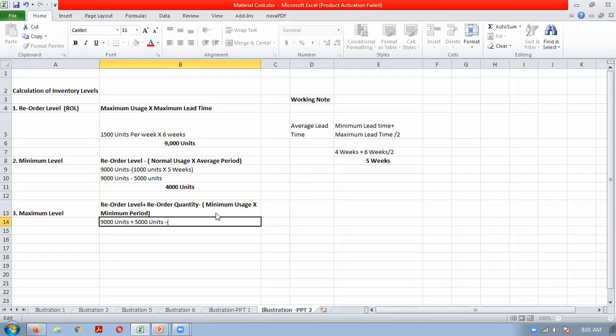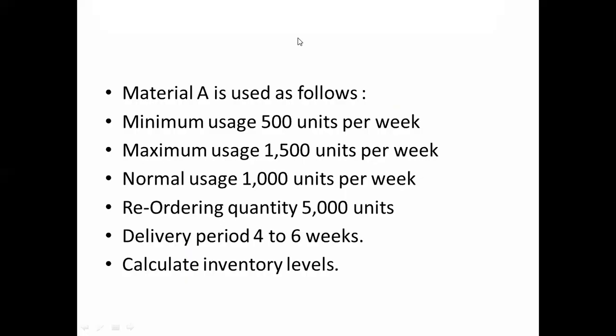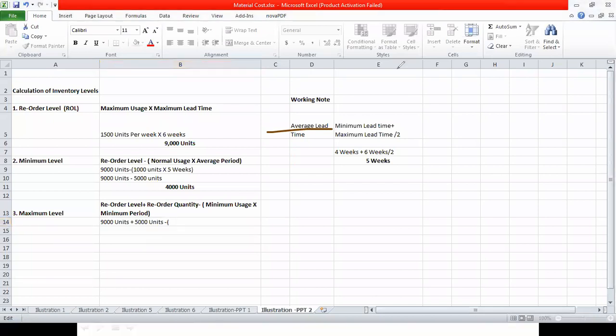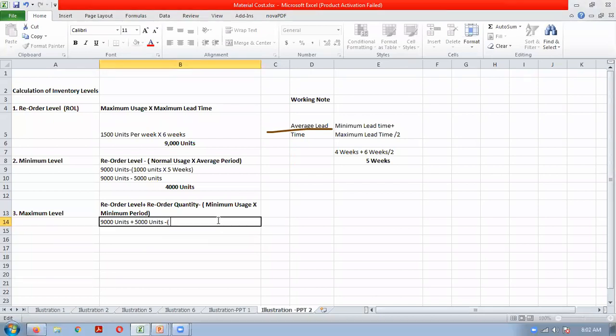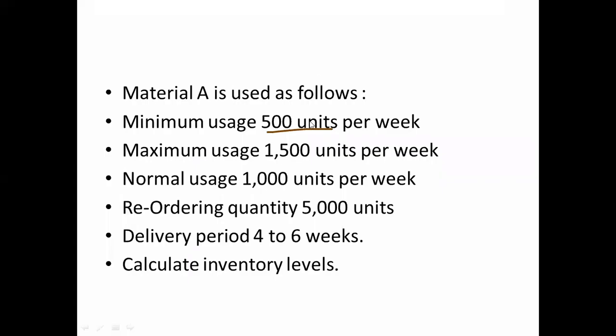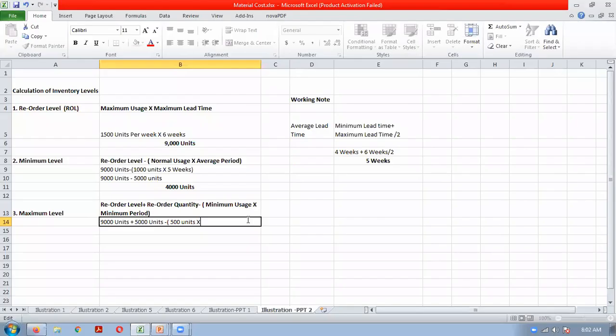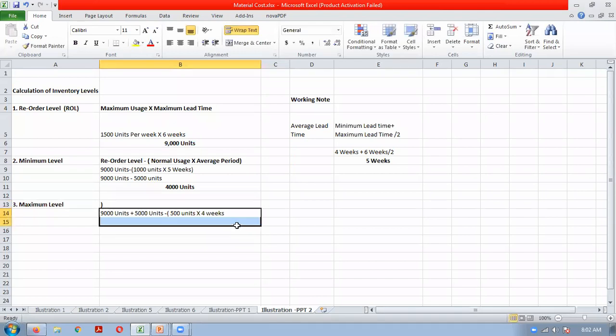Minus minimum usage, given in the question. Minimum usage is 500 units per week. And minimum lead time is 4 weeks. All the things are there in the question only. Now how can you solve?